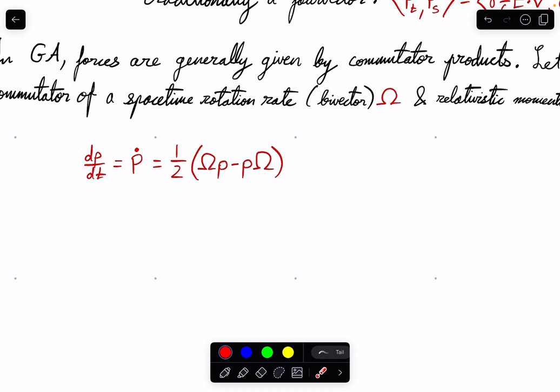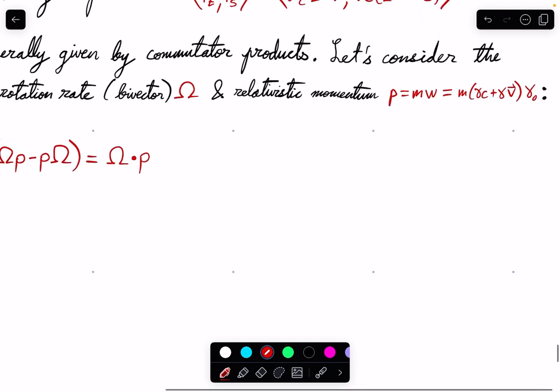Well, this p is a vector in the STA, and this omega is a bivector. So this just defines the dot product, the inner product between omega and p. But let's just continue expanding this out and see what we get.